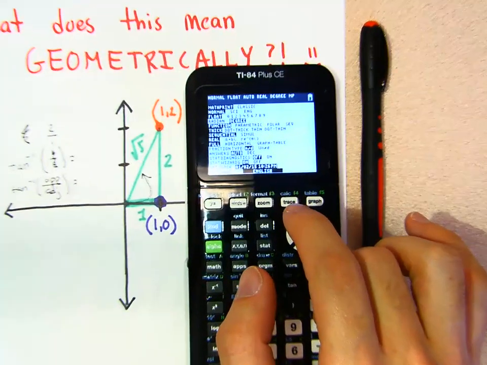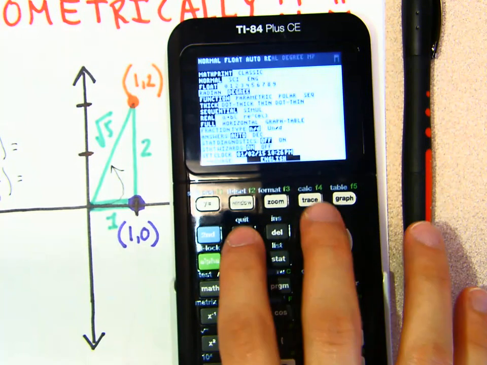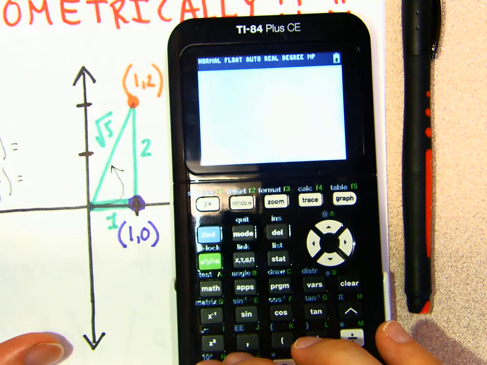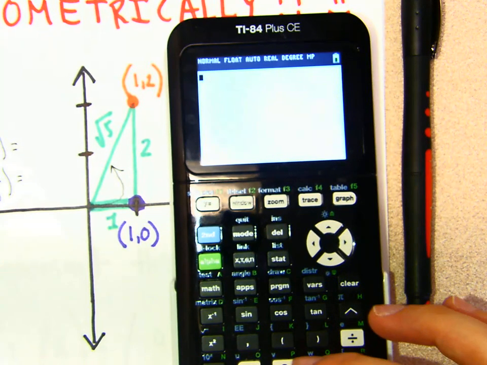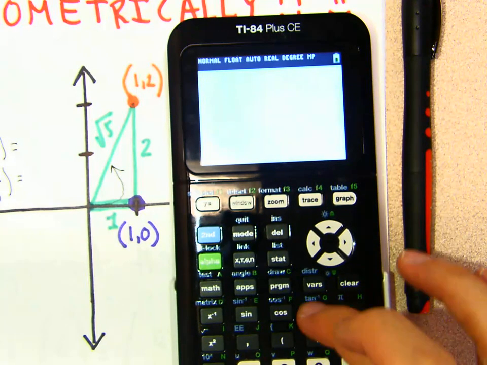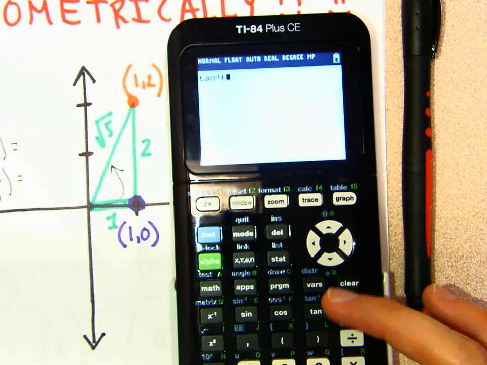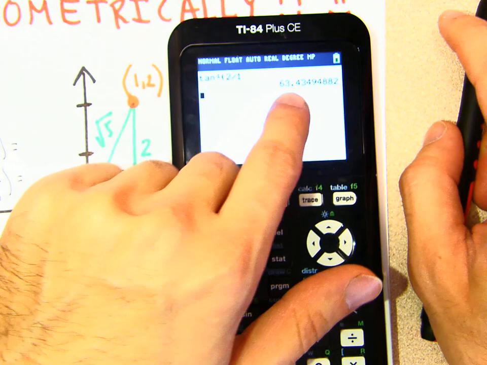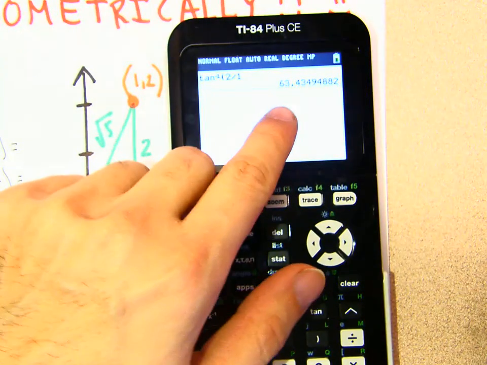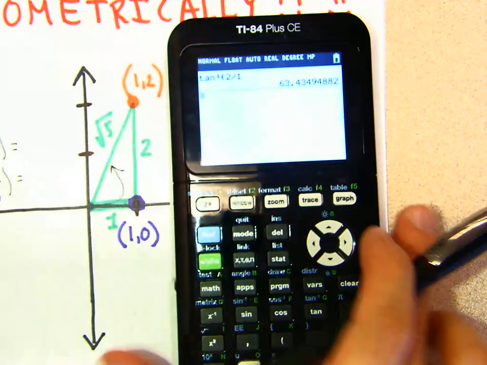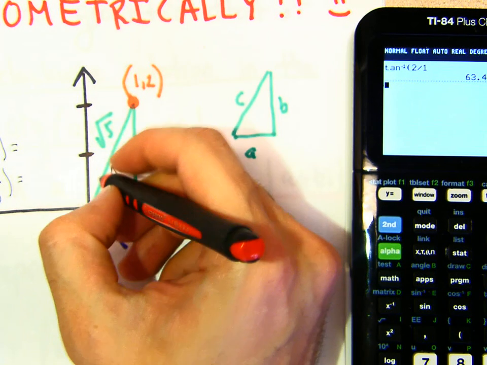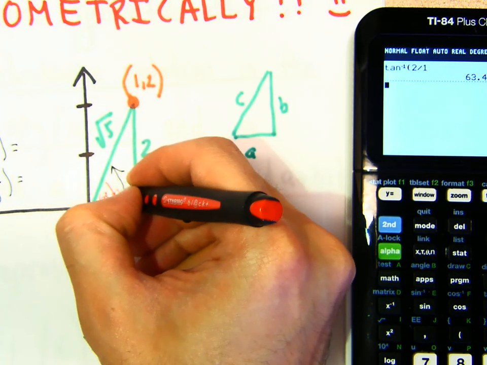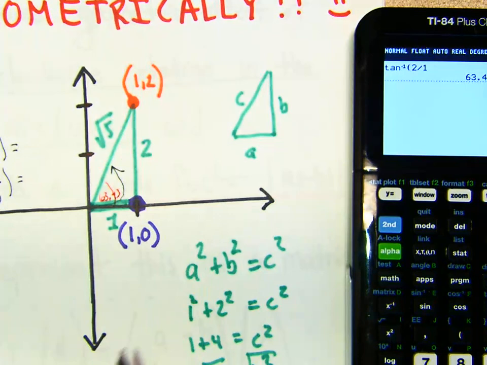Now let's go to second quit, and then how do I put tan inverse of 2 over 1? I just go second tan, and then 2 divided by 1, and I hit enter, and I get 63.43. So what does this 63.43 represent? It represents the amount of rotation that happened from this point to this point.